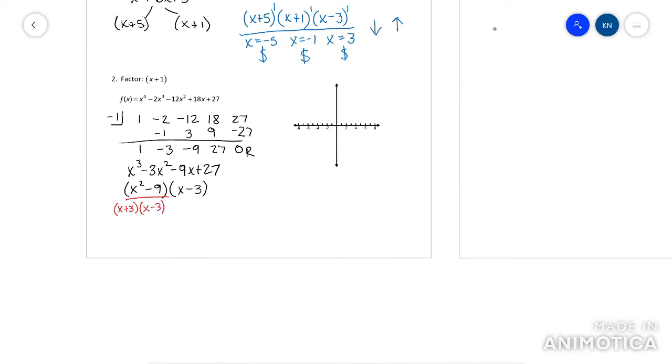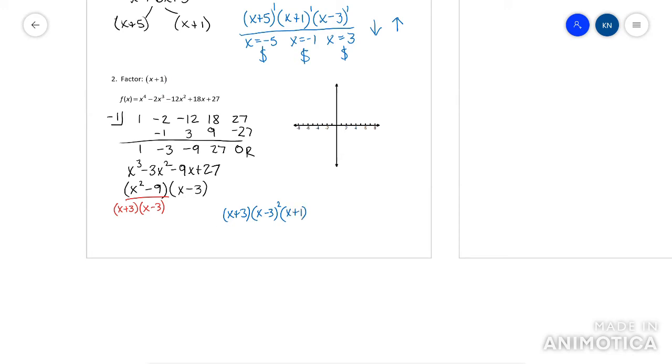So my entire factored form, I have x plus 3. Now look at this. I had 2 x minus 3's. So it's x minus 3 squared. And then don't forget your original factor that they gave you, x plus 1.